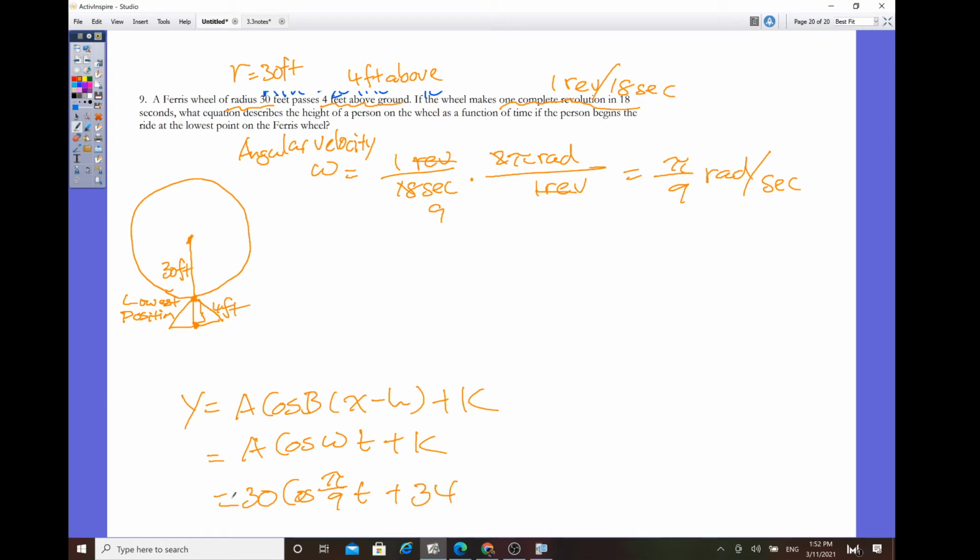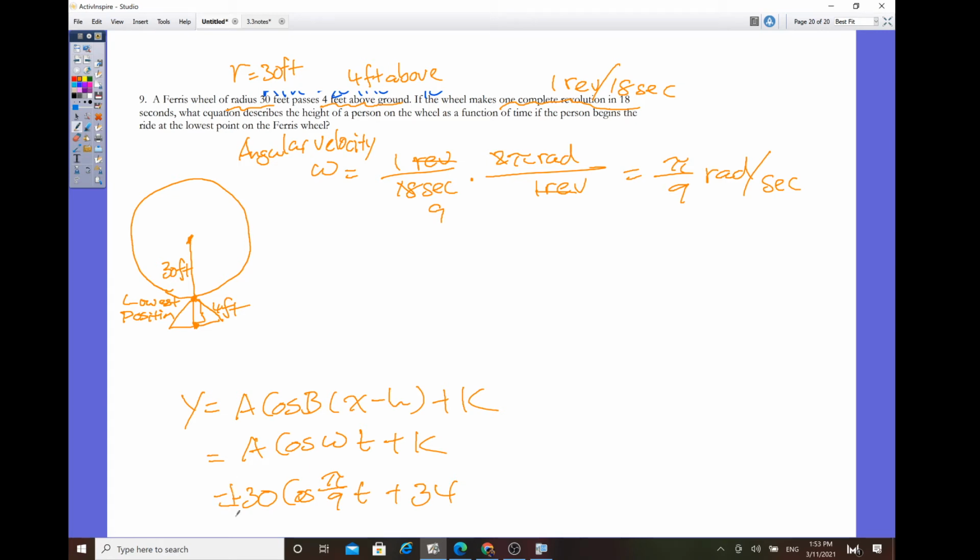And we also need to convert this one to its negative. The reason we want to convert that cosine to its negative is that when t equals 0, this would be negative 30. Cosine of 0 is 1, so 1 times negative 30 is negative 30. And then negative 30 plus 34 is 4 feet. So it's 4 feet off the ground for the initial amplitude.